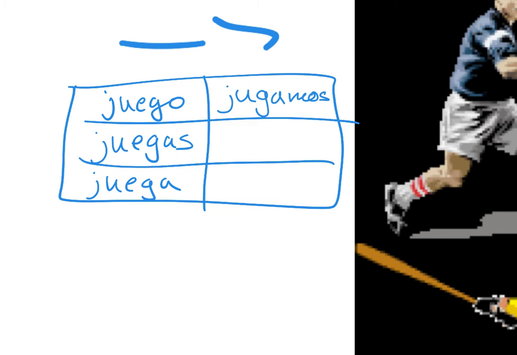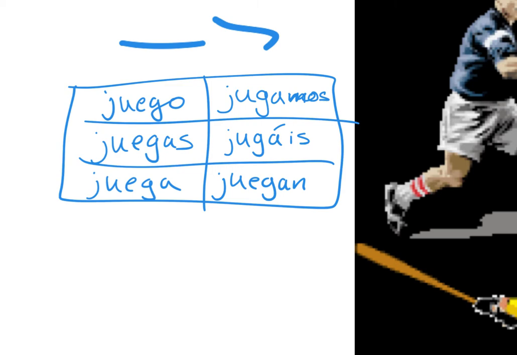There's no E in jugamos. Then you have vosotros jugáis. Notice also there's no E in jugáis. And then juegan. Ustedes, ellos, ellas, juegan.